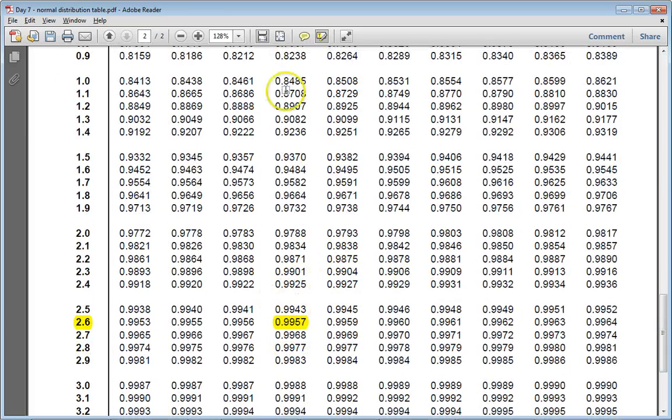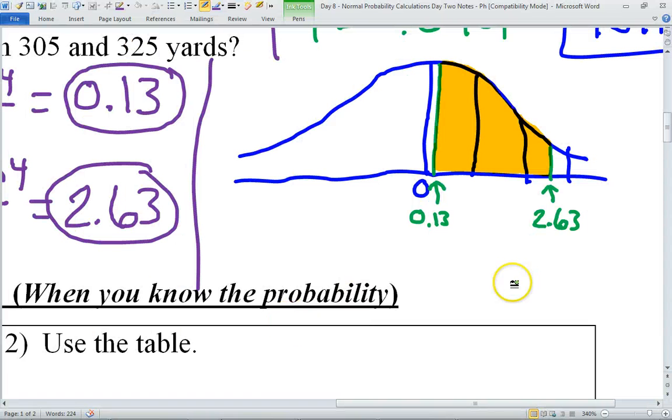That's why I'm dealing with 0.9957. So the higher number is 0.9957. That's the percentage, 99.57%.